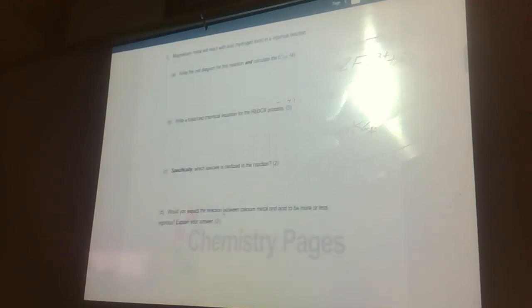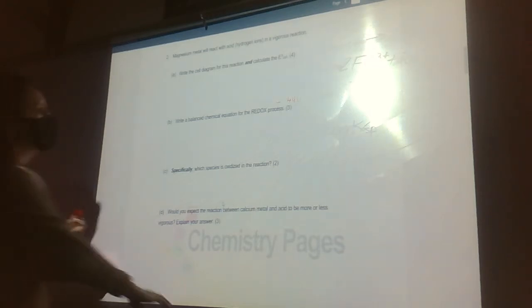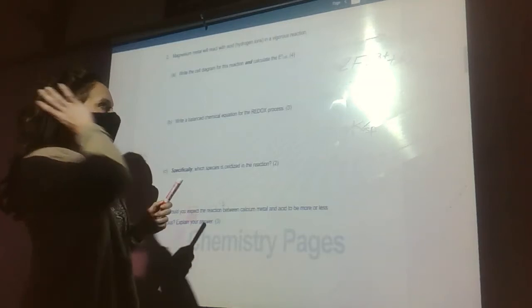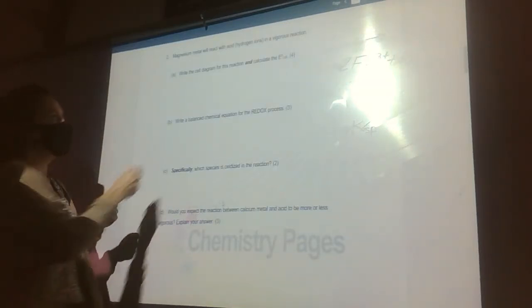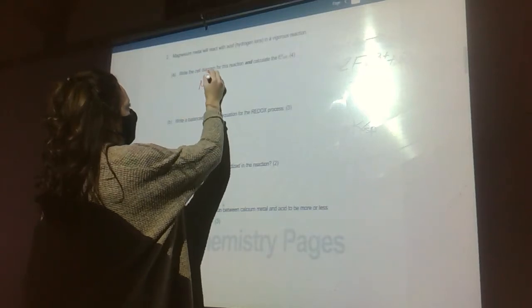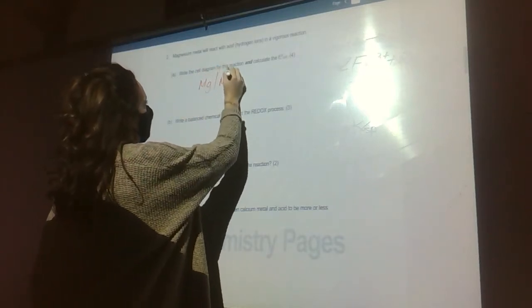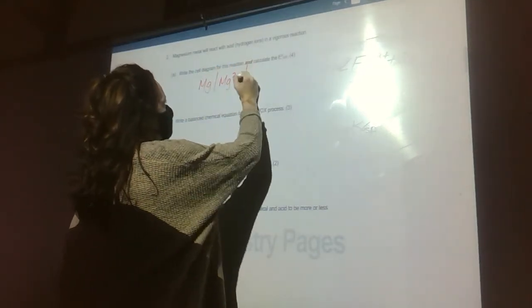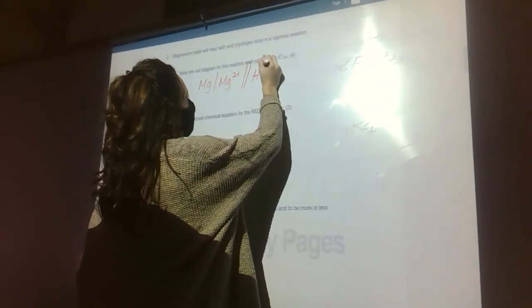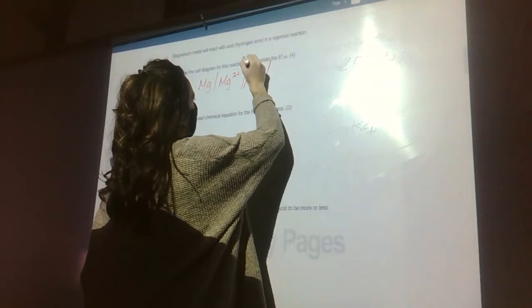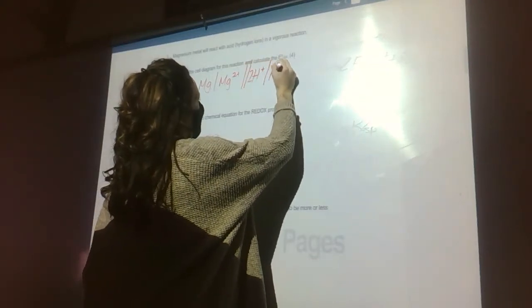Number 2, magnesium metal reacts with hydrogen ions in a vigorous reaction. Write the cell diagram for this and calculate E naught. So, magnesium is going to be oxidized, so it's going to be the left-hand side. So we're going to have magnesium, magnesium 2 plus, salt bridge, 2 H plus, H2.